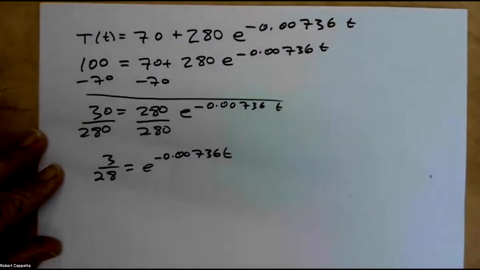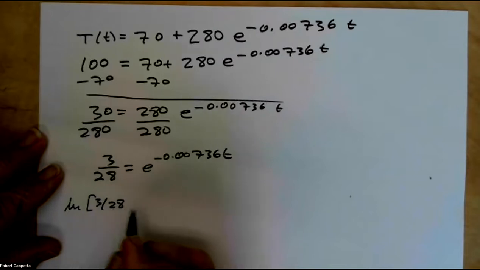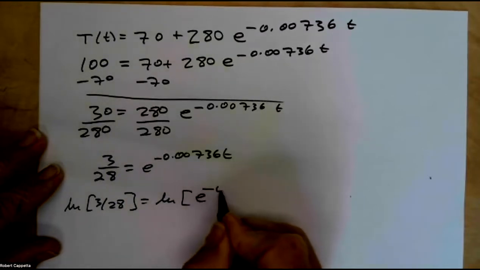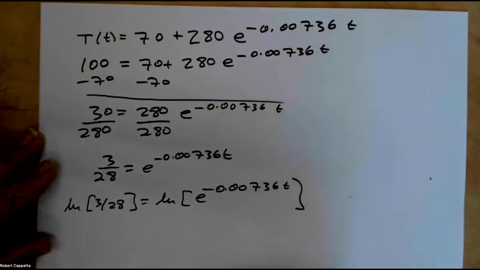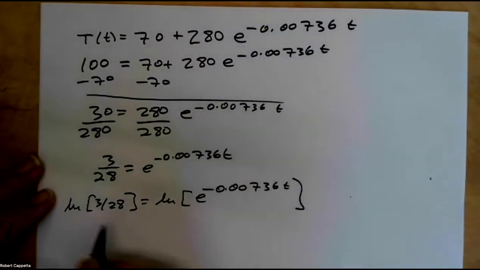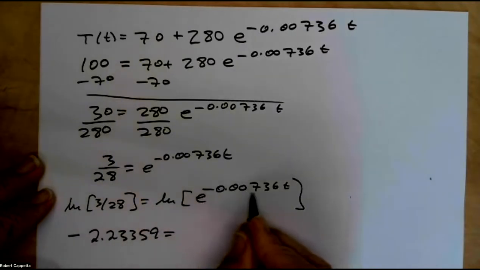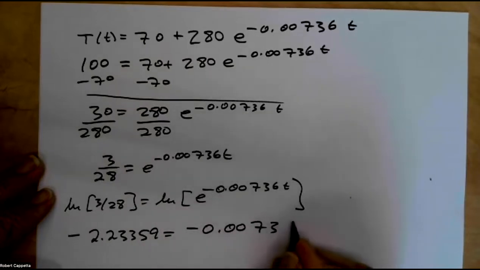What is my next move? Hit both sides with a natural log. Natural log 3/28 equals natural log e to the negative 0.00736t. Natural log of 3/28 is about negative 2.23359. Natural log of e to the negative 0.00736t is, of course, negative 0.00736t.